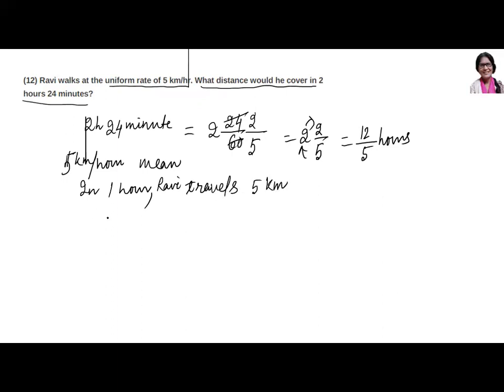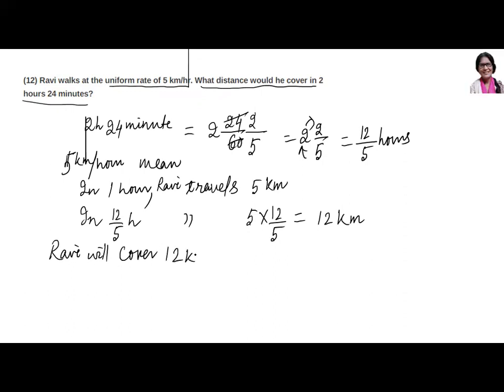So he is traveling for 12 by 5 hours. He travels 5 into 12 by 5. How much will it be? It will be 12 kilometer. So Ravi will cover 12 kilometer in 2 hours and 24 minutes.